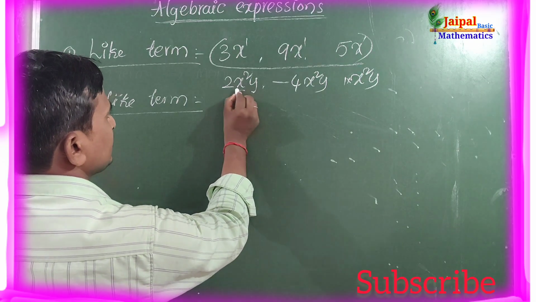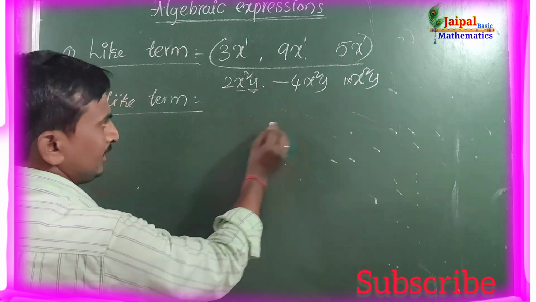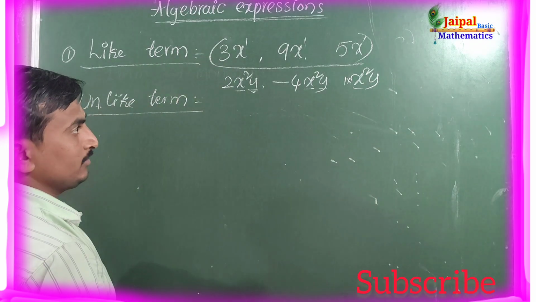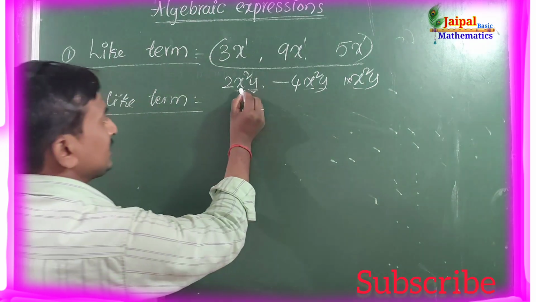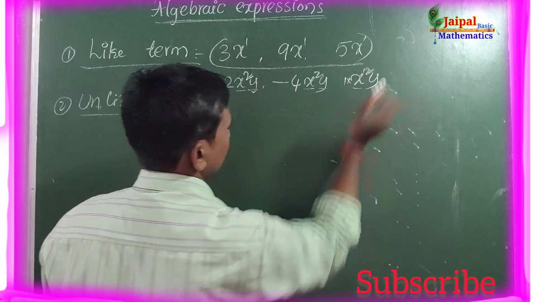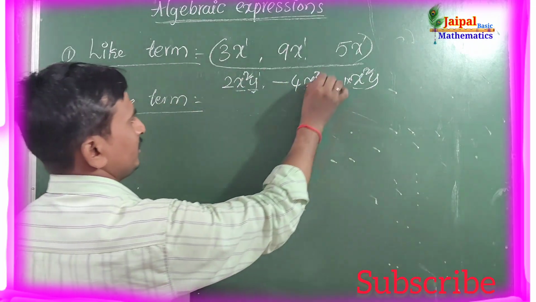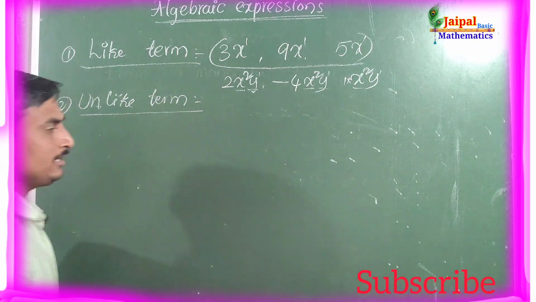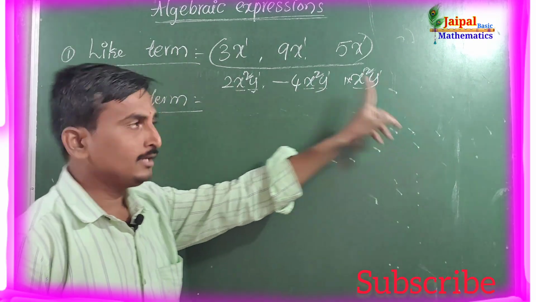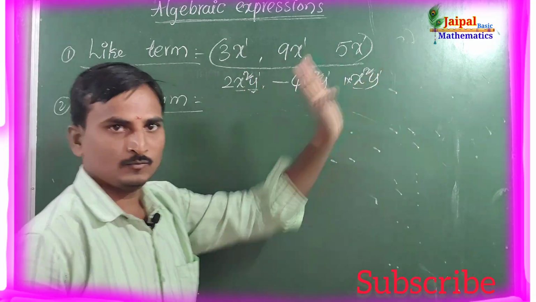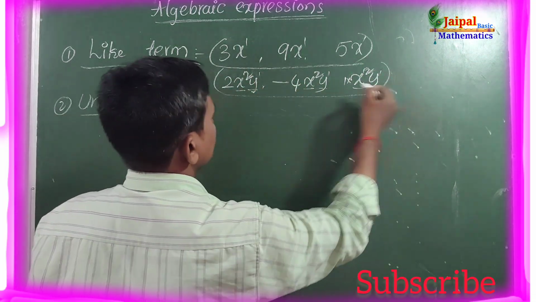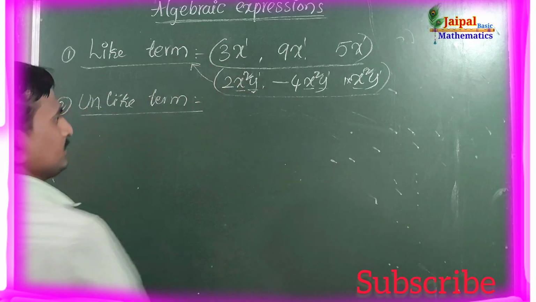Here x variable and y variable, in all terms. One more condition: x power is 2 in each term, and y power is 1 in each term. See, check once, in all these terms the variables are the same and the powers are the same. Okay? So this kind of group of terms is called like terms.